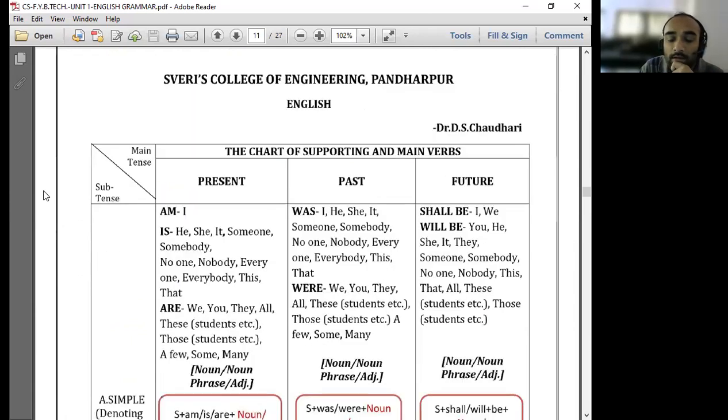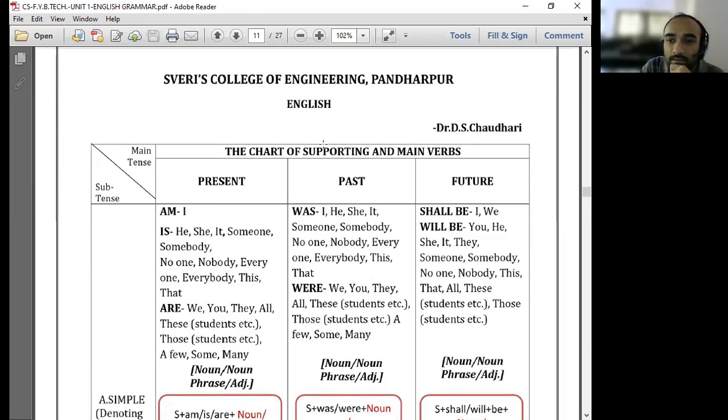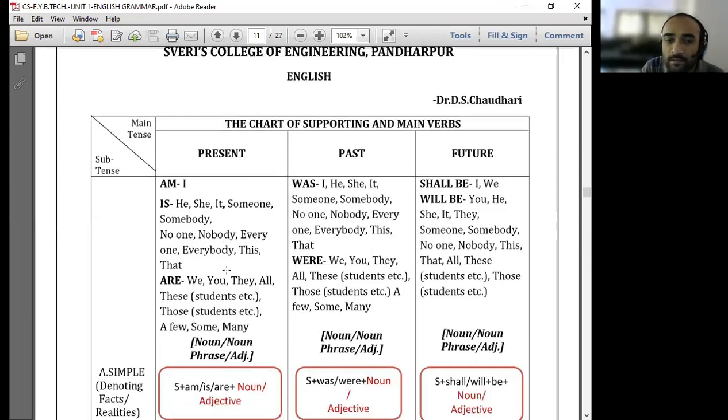Now, we were discussing the chart of supporting and main verbs. Okay, so which supporting verb is used for which pronoun or which subject, that we were discussing.